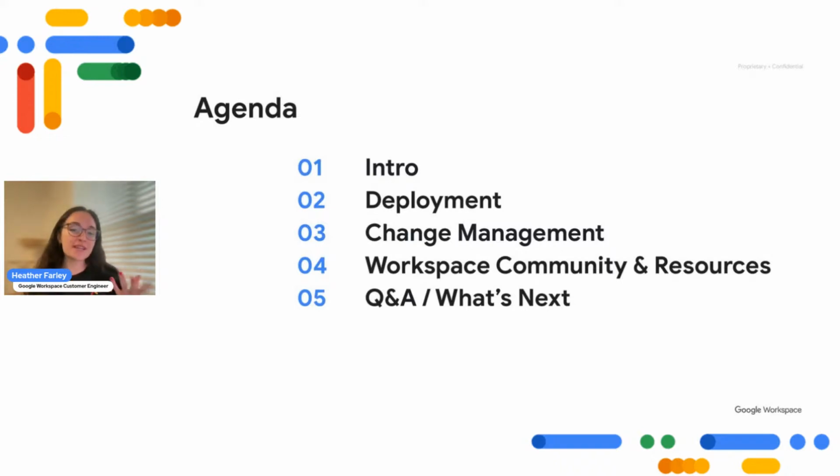So we'll be going through what technical specializations you should have for your organization as you look to deploy Gemini for Google Workspace, as well as going through some labs. Then I'll pass it off to my colleagues to talk about change management, the Workspace community and resources, and then, of course, my favorite part, we'll have time for Q&A.